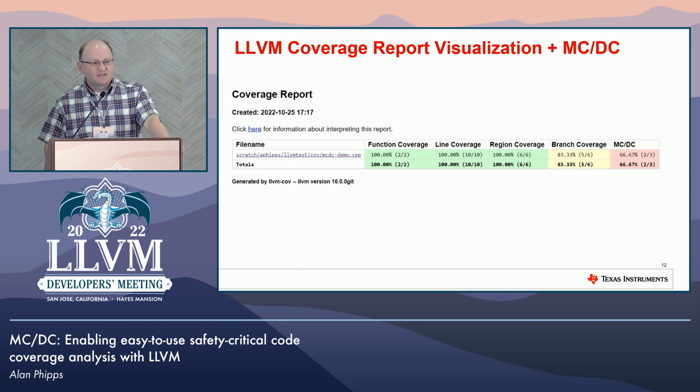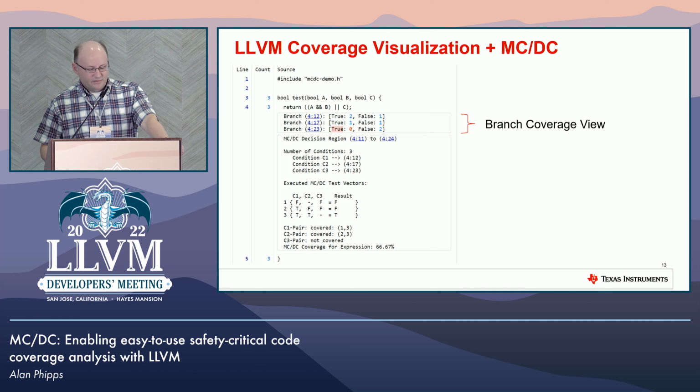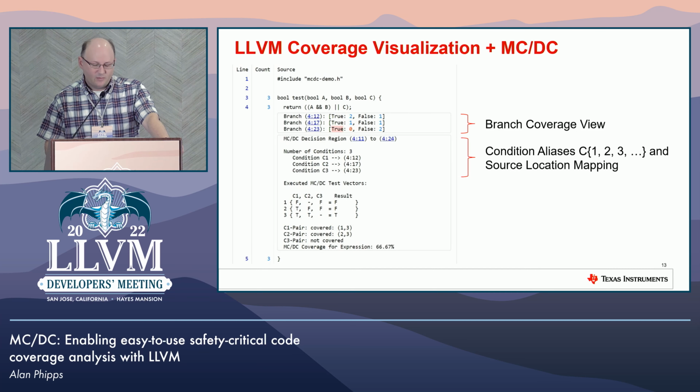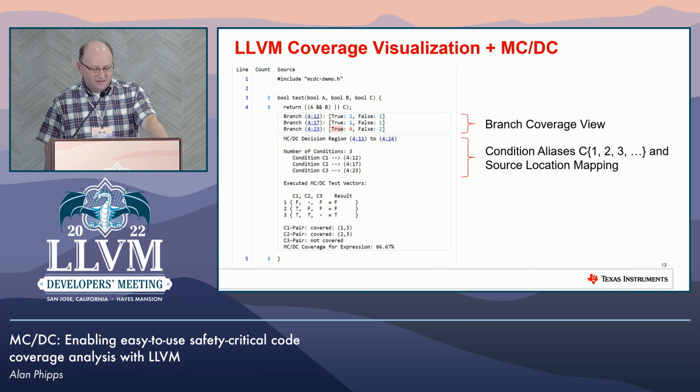If you drill into the source level view a bit deeper, for debug purposes, you'll see the existing branch coverage view, which tells you the true and false outcomes of each condition. But you'll also see an extended region here for the MCDC information for this Boolean expression, starting with a mapping of each condition in the source code where it's located, and an alias just to make it easier to represent in the report.